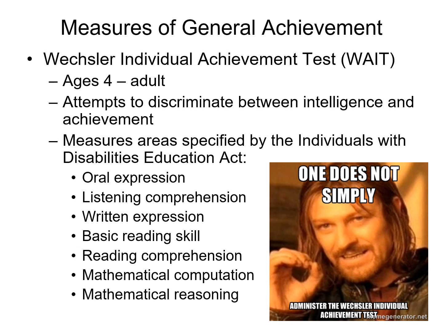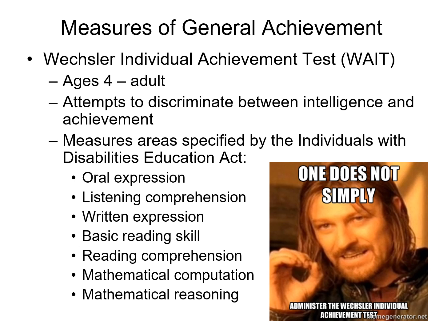So let's talk a little bit about measures of general achievement. These aren't looking at specific class-based knowledge, they're based on general ability to achieve. The Wechsler Individual Achievement Test, the WIAT, is an example of this. It's designed for ages 4 to adult, and there are different forms based on your age, and it attempts to discriminate between intelligence and achievement.